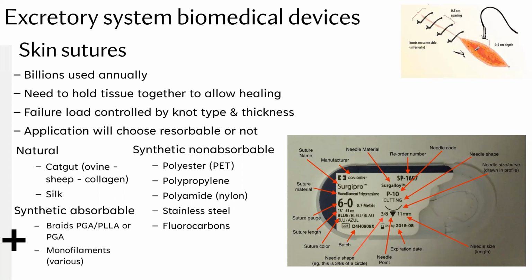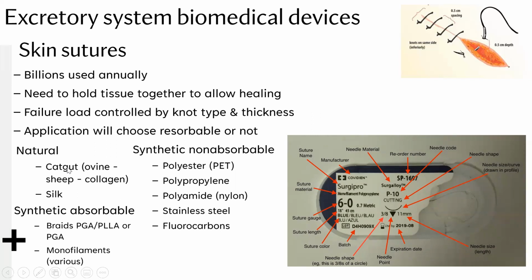The reason is that the surgeon, operating in a timely fashion, doesn't need to worry about threading the needle, or wasting time finding that hole and connecting these two. So it's typically sold as a single package. And the thread materials can vary. They could be natural materials, such as silk or catgut.